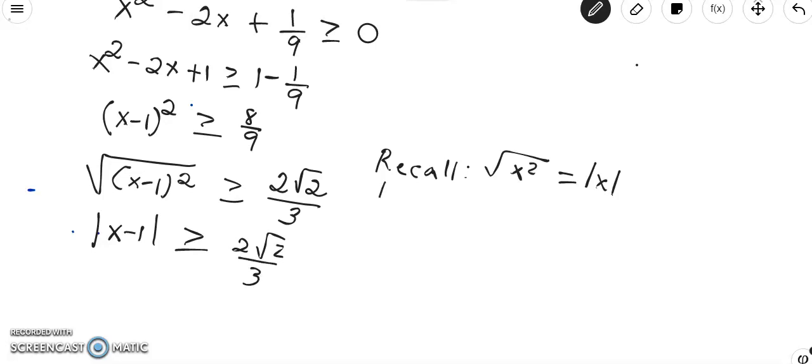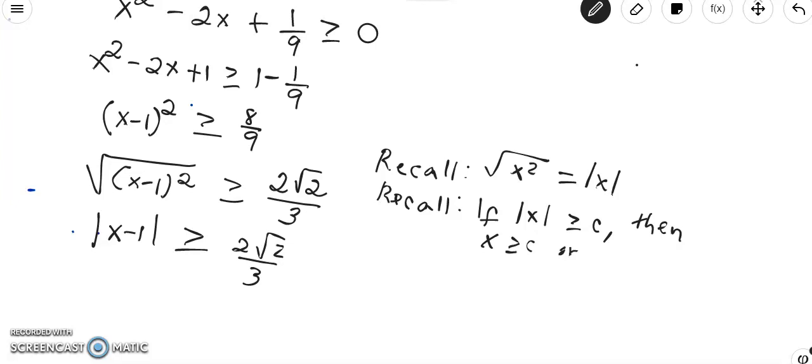So, also recall that if absolute value of x is greater than or equal to c, then x is greater than or equal to c, or x is less than or equal to negative c, where c is a positive constant.